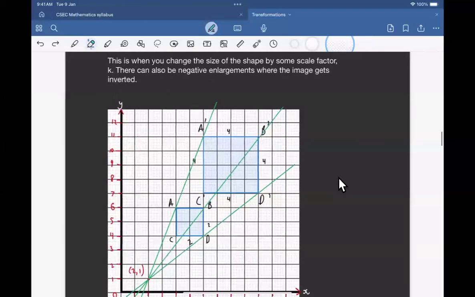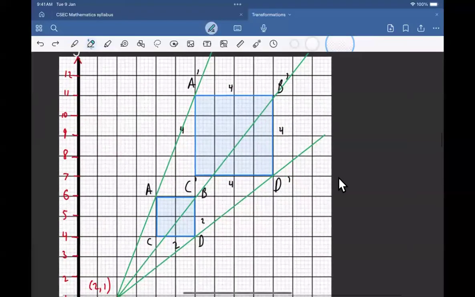So, Bryce, could you identify which is the object and which is the image here? Is A, B, C, D the image, or is it the object? Which one is the image, or which one is the object?